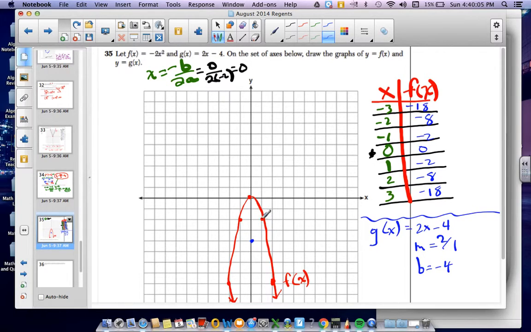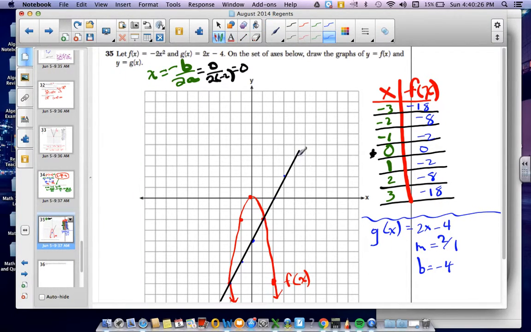And I'm going to move up 2 over 1. Up 2 over 1. Up 2 over 1. And I could also move down 2, back 1. Down 2, back 1. And so forth. And this will make it much easier for me. I'm going to use a straight line here to connect. Okay, and this was, of course, g of x.